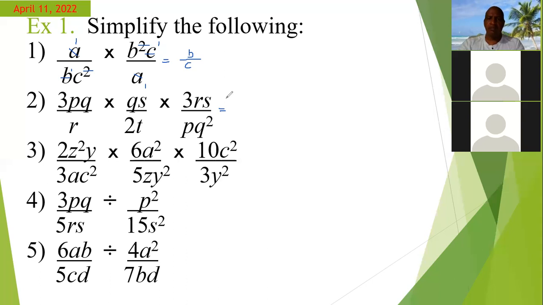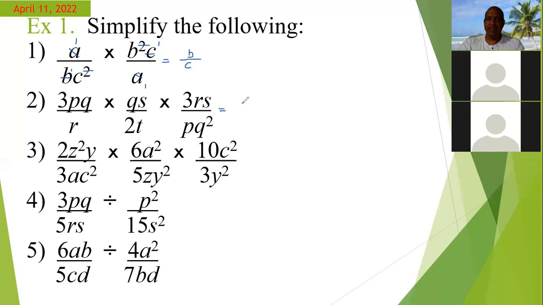We can cancel the 3, sir, but we won't have anything in the numerator. No, but you have a 3 in this numerator here and another 3 in this numerator here. We don't have anything common with the 3 in the denominators. So if we don't have anything common in the denominator, we cannot cancel.